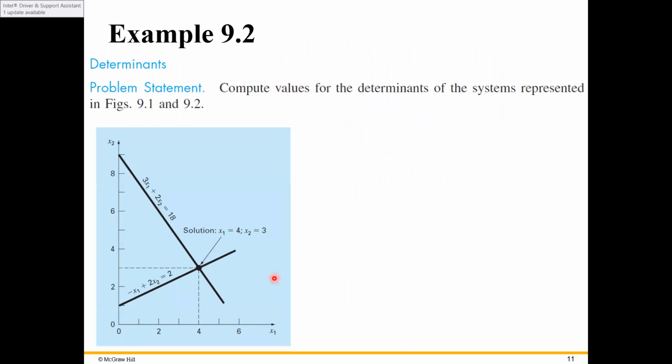Cramer's rule. As an example, we can take these two equations: 3x1 plus 2x2 is equal to 18, and minus x1 plus 2x2 is equal to 2. If we want to solve it by Cramer's rule, we will first find the determinant, 3, 2, minus 1, 2.